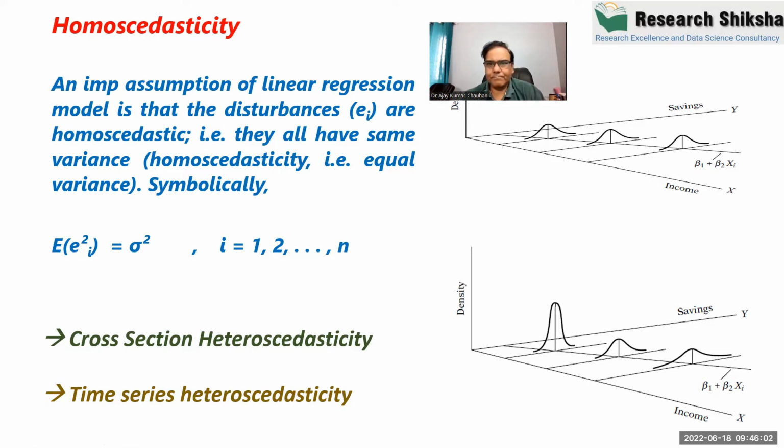From these two graphs, I'm asking a very simple question. Suppose I keep this error term as a dependent variable, and keep x as an independent variable. Do you feel there is any relationship between them? Think on this line.